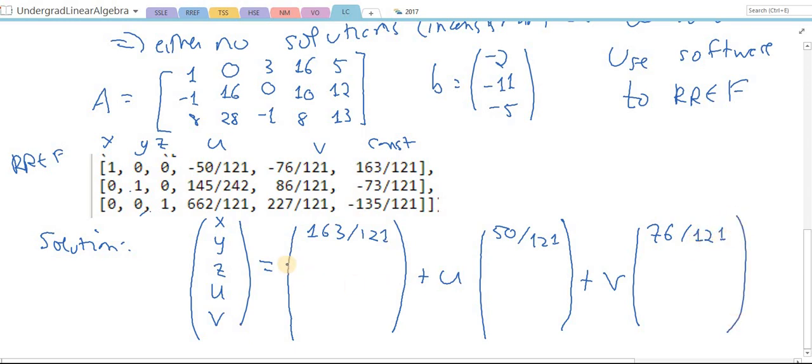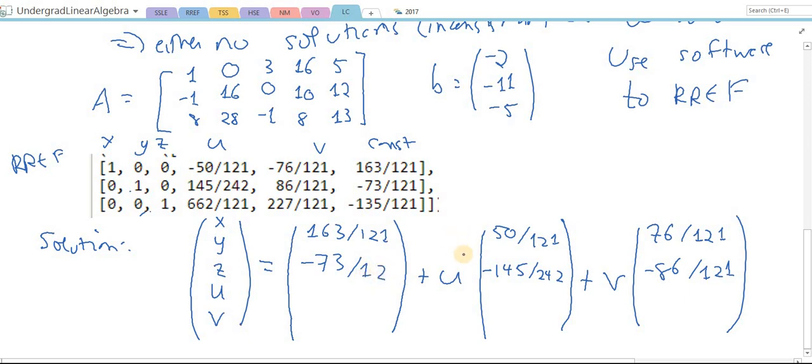Okay? So that's how you read off the first line of these three equations here. Second line, y. Then here I have plus u times 145 over 242. Bring it over to the other side, that becomes a minus 145 over 242. Plus 86 over 121. Bring it to the other side, it becomes a minus 86 over 121. Equals this constant term minus 73 over 121. That gives me a minus 73 over 121 here.